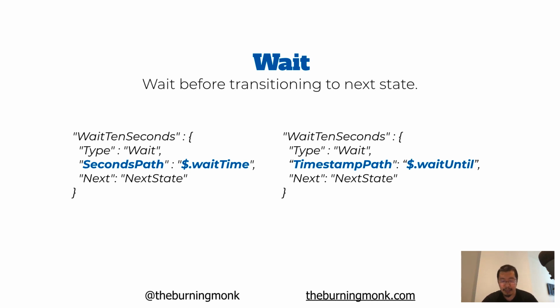For example, you may start a cron job and then poll to see if the job has completed yet, and you want to add some kind of exponential backoff, so you use the timestamp path and the seconds path to control how much time to wait between every poll. Maybe you start with 1 second and then 2 seconds, 4, 8, and eventually you only check once every minute if a job is not completed within the first couple of minutes.